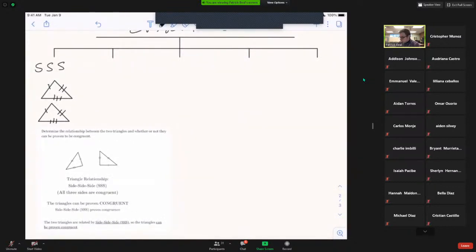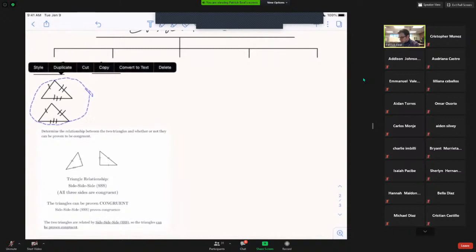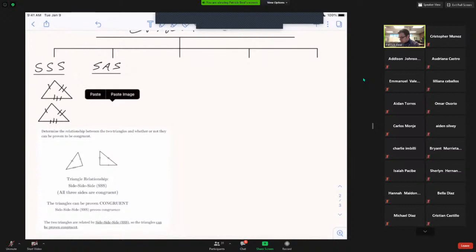Now the second shortcut is what we call side, angle, side. Copy, paste. Go.